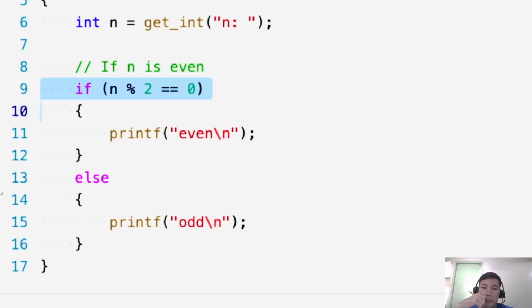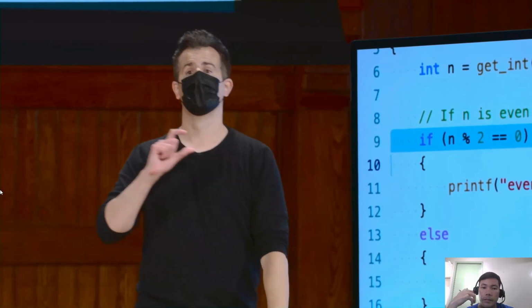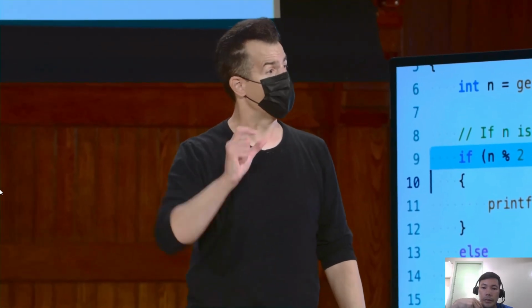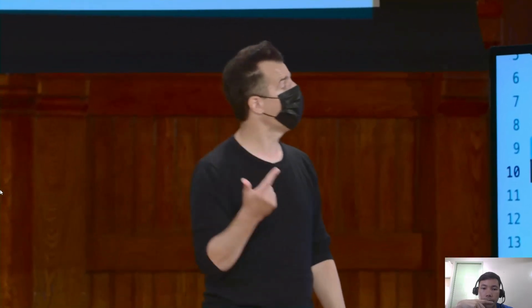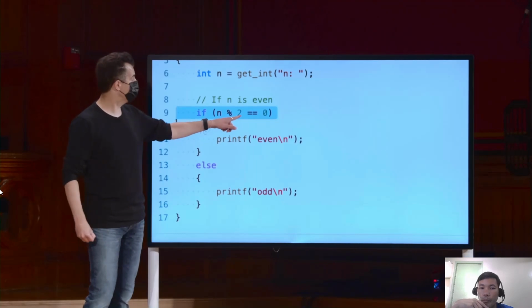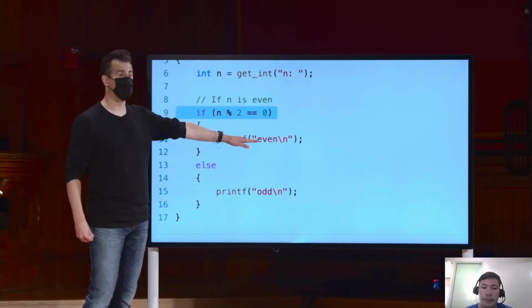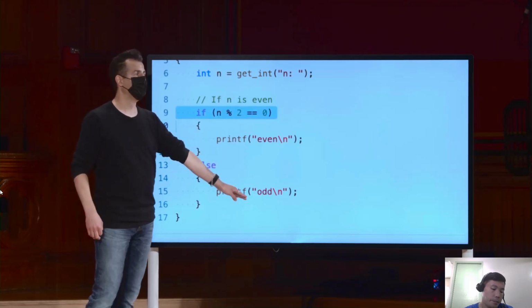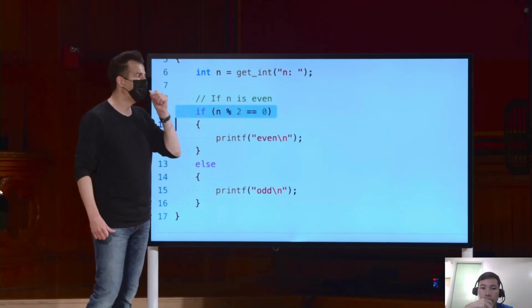So the percent sign is the remainder operator. It does numerator divided by denominator and returns not the result of that, but rather the remainder of that. So if you divide anything by 2, it's going to be a 0 or 1 remainder. And if indeed 2 divides into n evenly, giving you 0, then you're going to print even, else it's got to be odd. But there is something odd, pun intended, in this highlighted line.